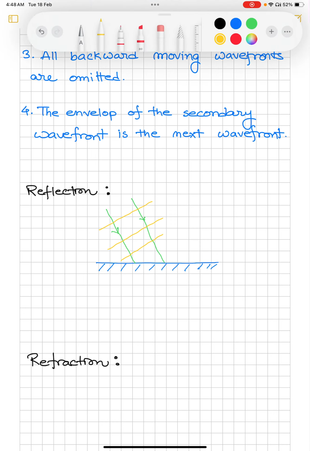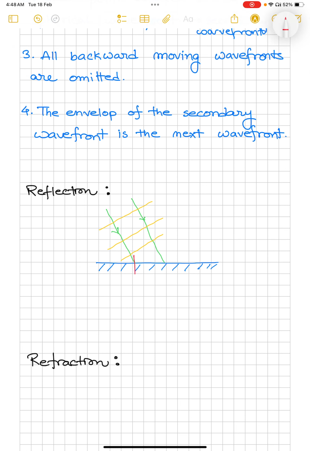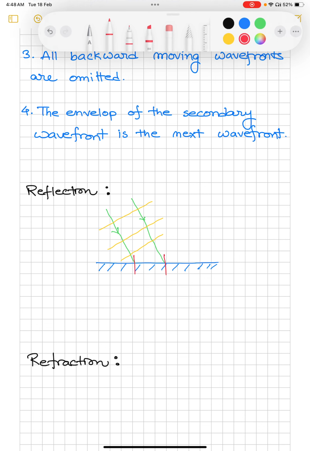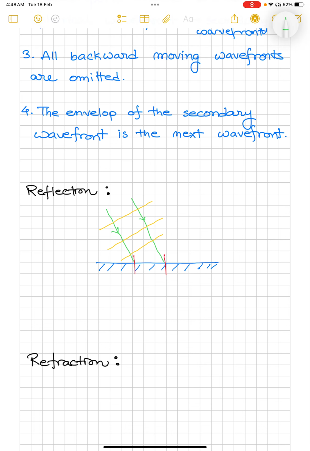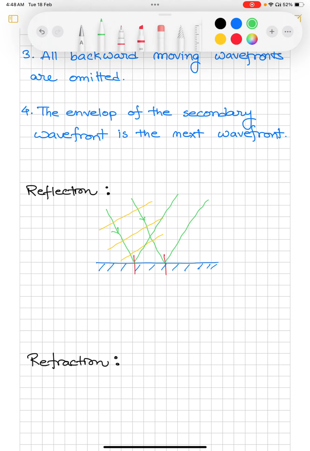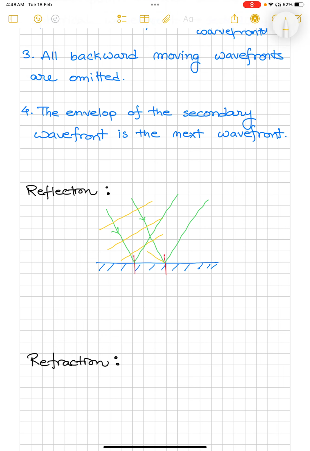Now what I will suggest to you is to first draw the reflected light ray, and then this will be the new wavefront. So this is my old wavefront.